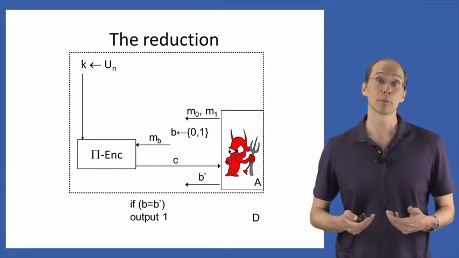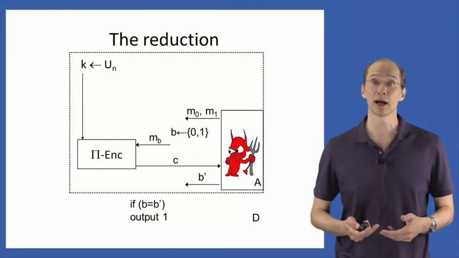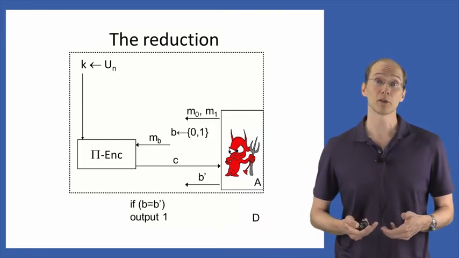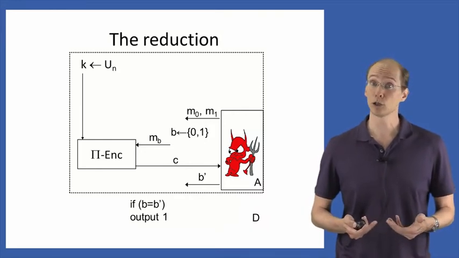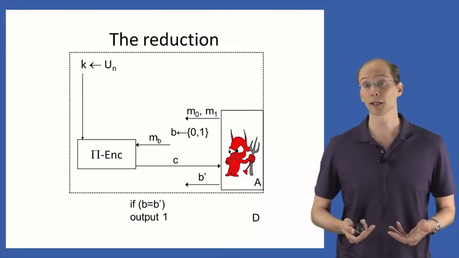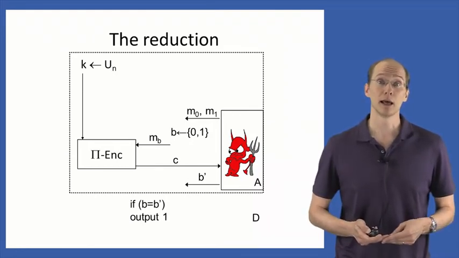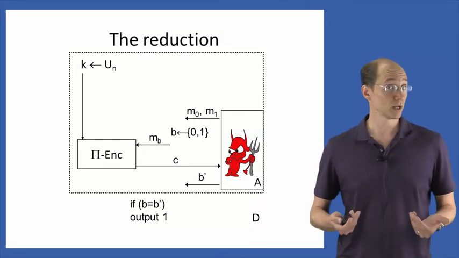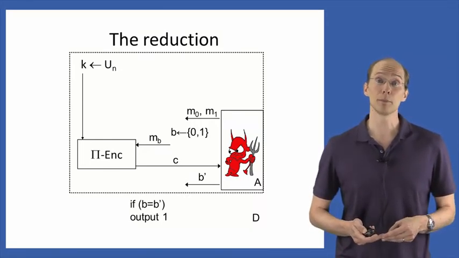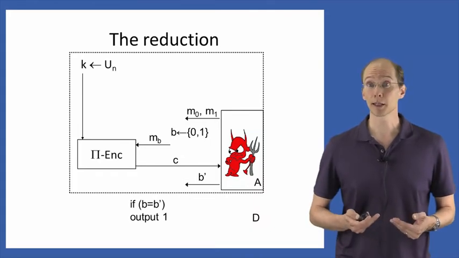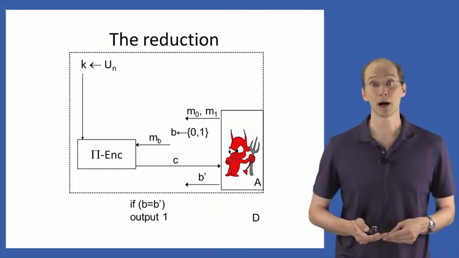Again, A is outputting 2 messages. One is chosen uniformly at random. It's then encrypted using the encryption scheme of pi and a uniform key. The ciphertext is given to A, and then we look at whether or not A outputs the bit B prime equal to B. And we know that the probability with which B is equal to B prime is by definition the success probability of A in attacking pi.